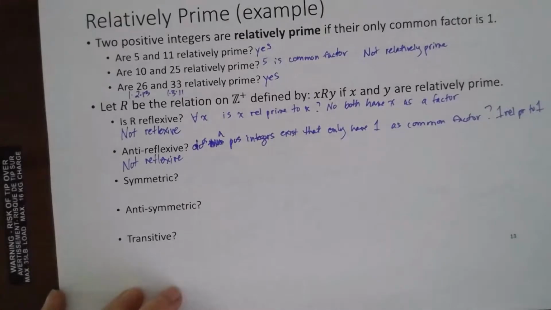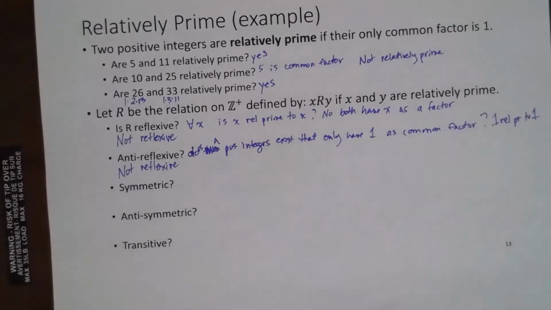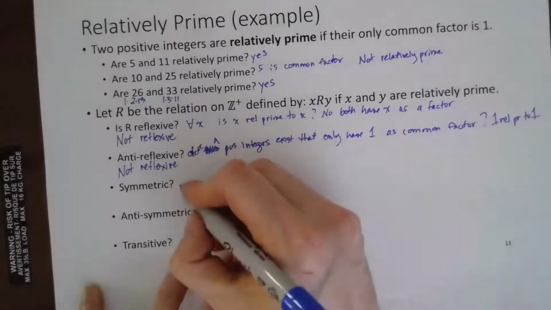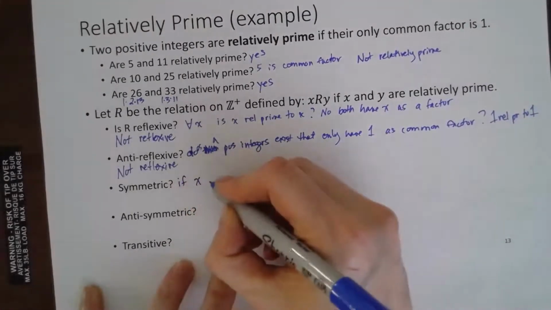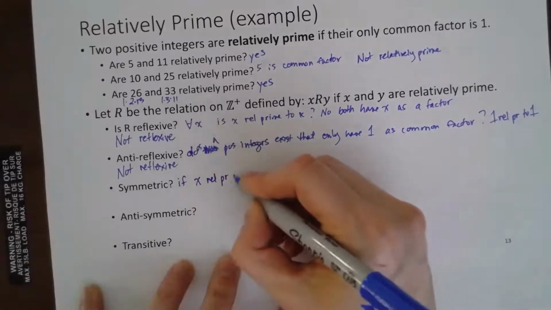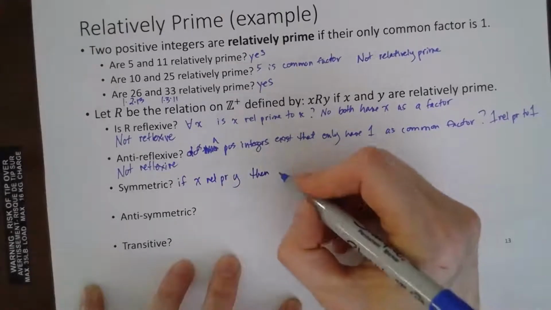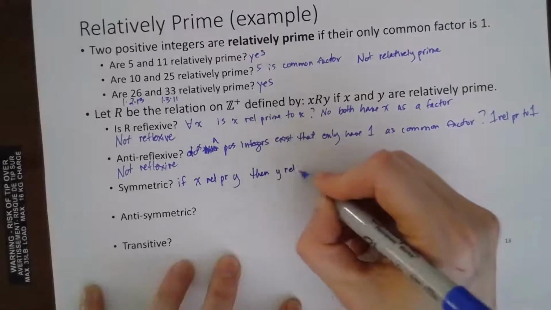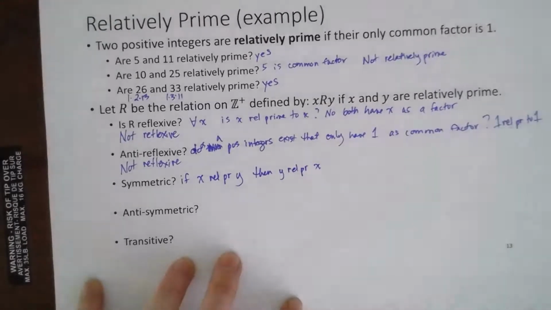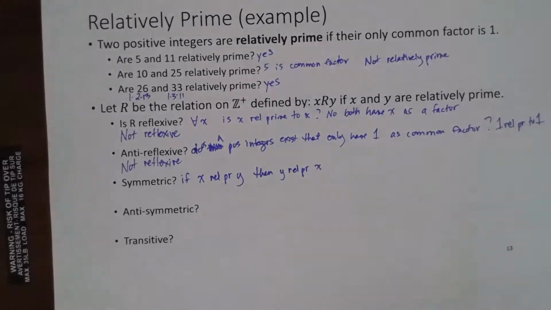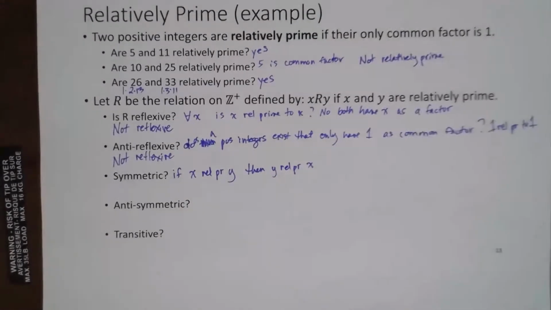All right, then symmetric. So that means no matter what two positive integers I pick, if x is relatively prime to y, then y also has to be relatively prime to x. So if I get one, do I automatically get the other one? Yes.